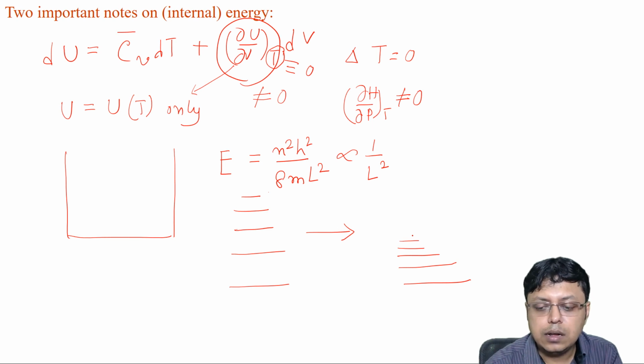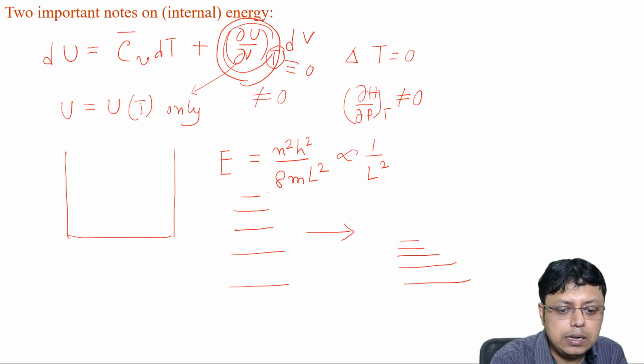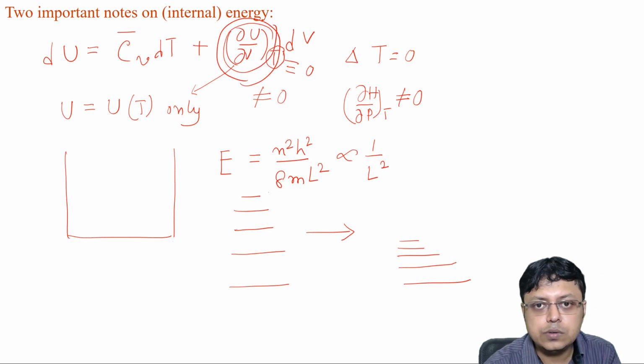So that is understandable. Then why do you say that (del U/del V) at constant T is 0? Because as we are changing the volume, the energy levels are coming closer together.